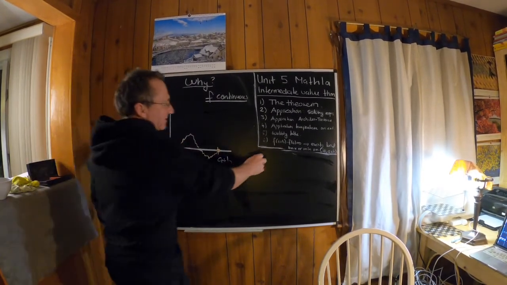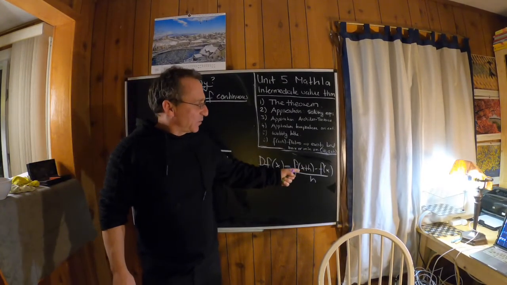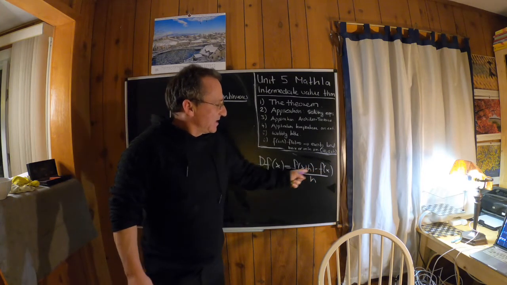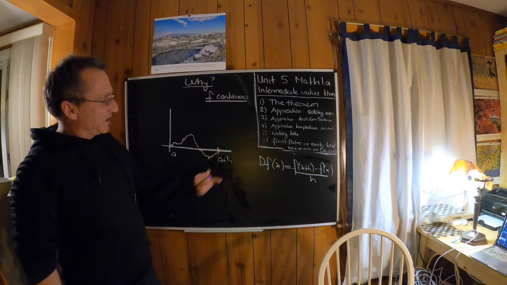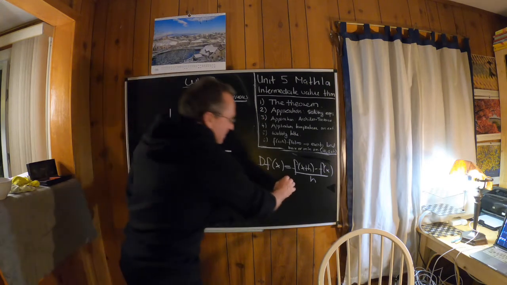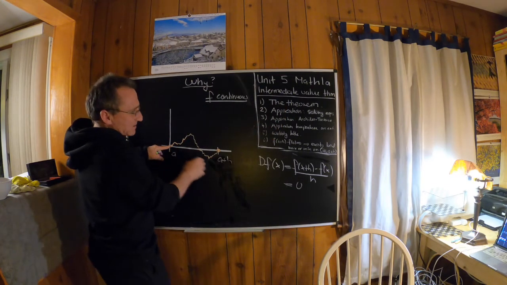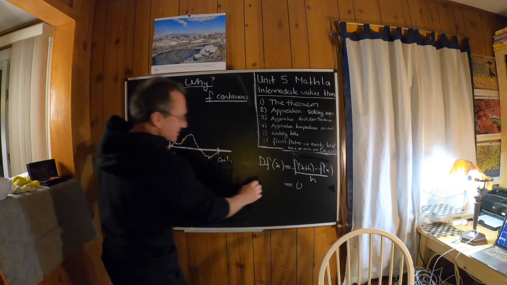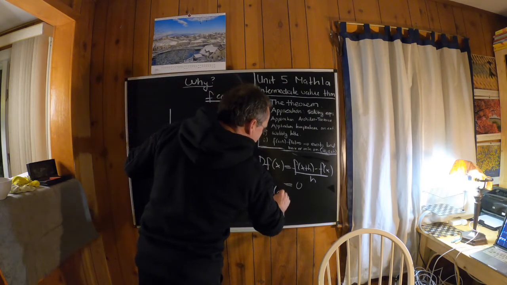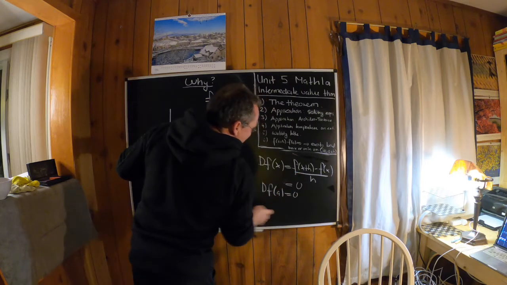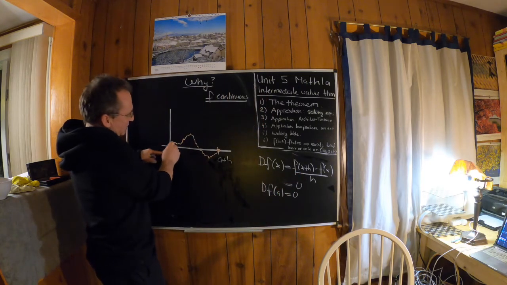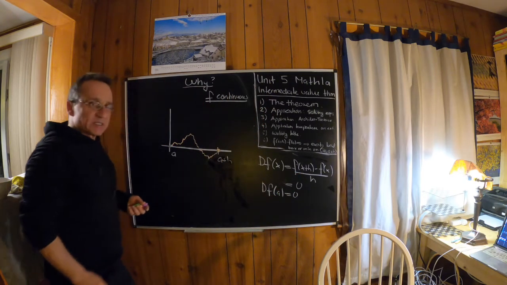This result here, it's an average rate of change from x to x plus h. It's the rise over the run, but it's a discrete derivative, and that's equal to 0. That's our assumption. So the assumption is that df of a is equal to 0, which means that the function value here and the function value here is the same.